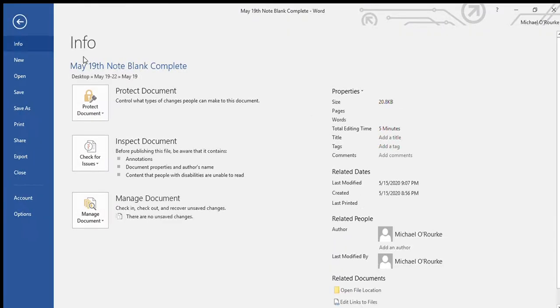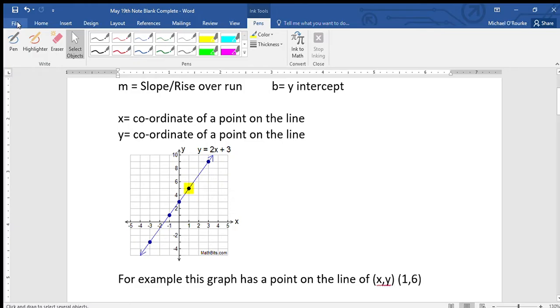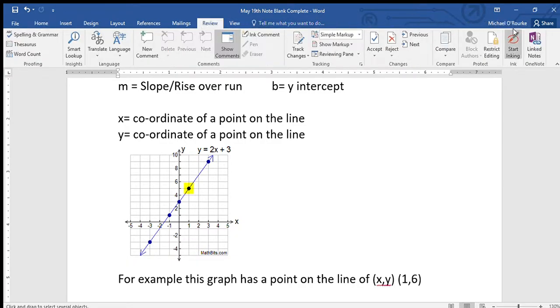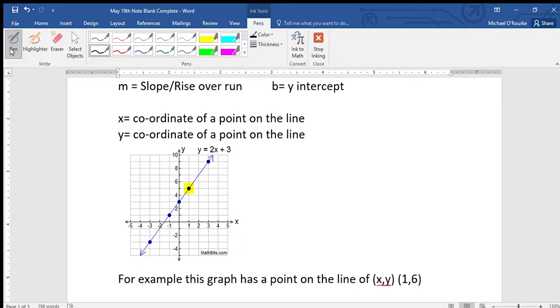Okay, it should be 1, 5. Let's just cross this out. Okay, as in x is 1, y is 5.